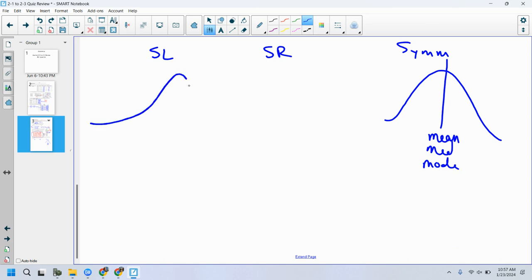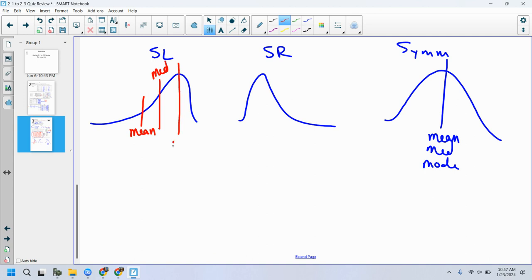Now remember, skewed left means the tail is to the left. Long tail to the left, bump on the right. Skewed right was the opposite. The tail is on the right. Big bump, tail. Now think about the outlier pulling the mean. So this is the mean, this is the median, and the highest point is the mode.